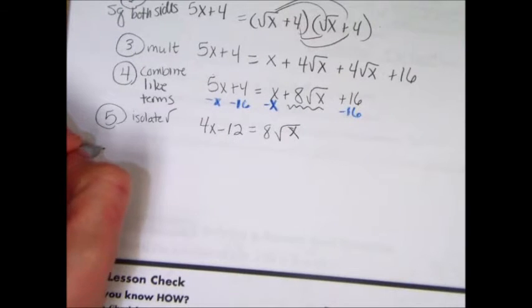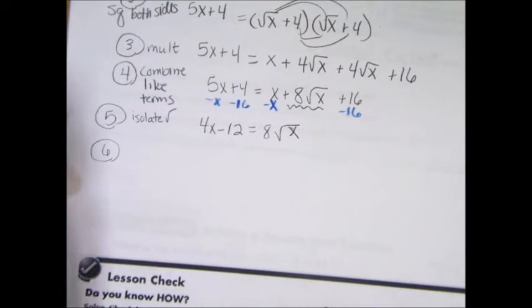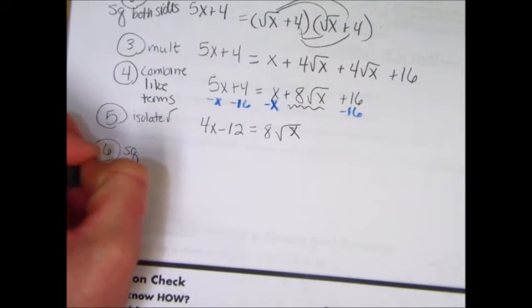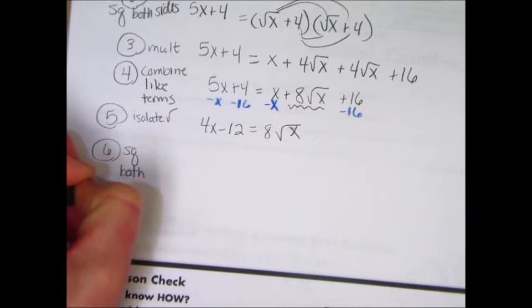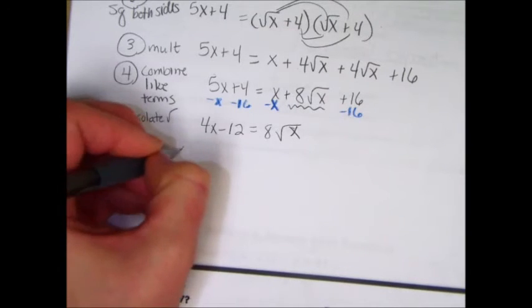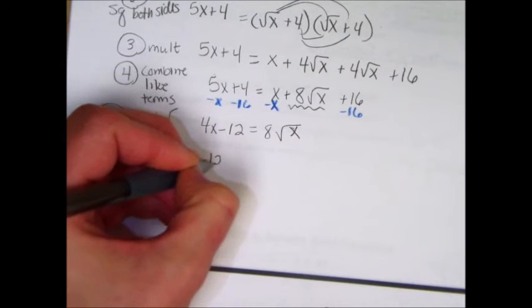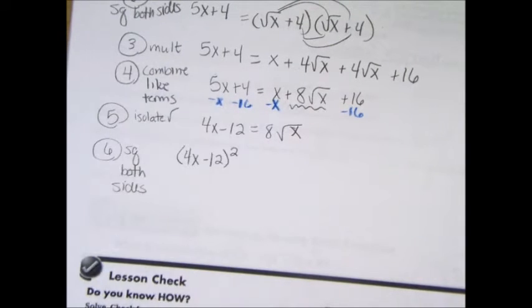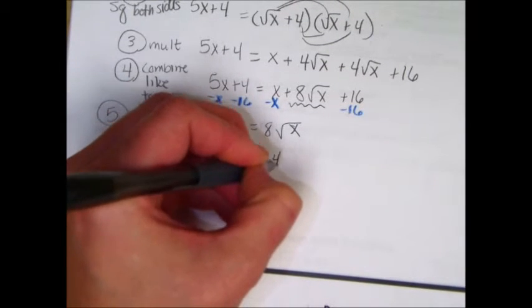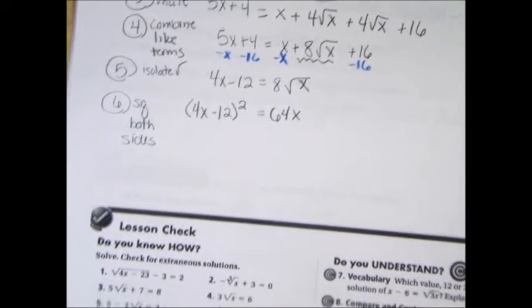Okay, so step 6, square both sides again. Now this side is going to be a little more difficult to square because it's a binomial. This side's not going to be hard, you're just going to get 64x.